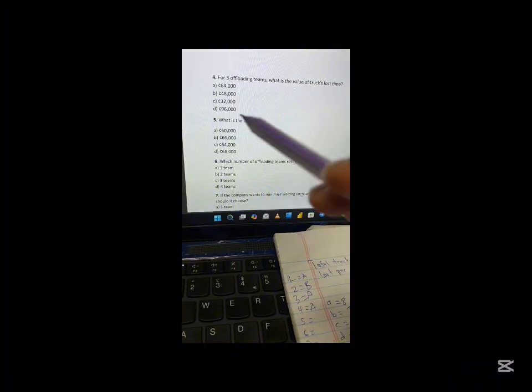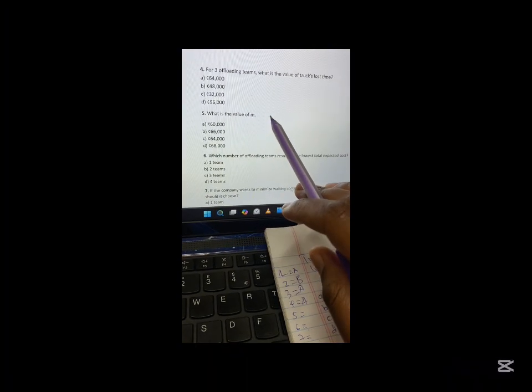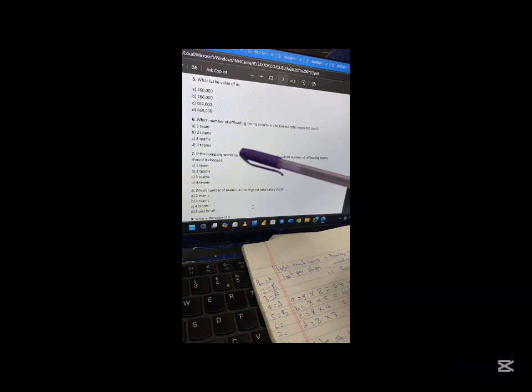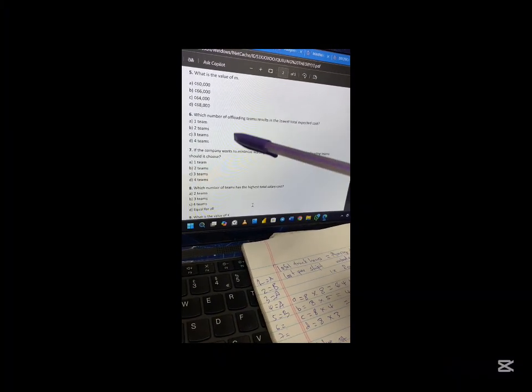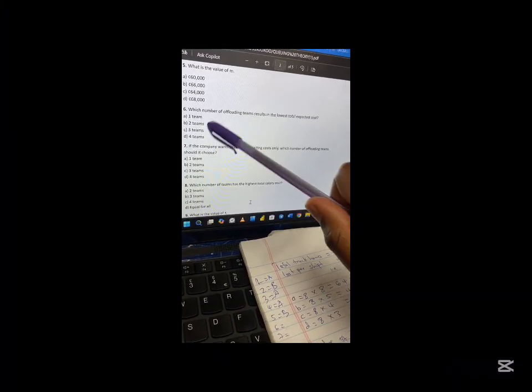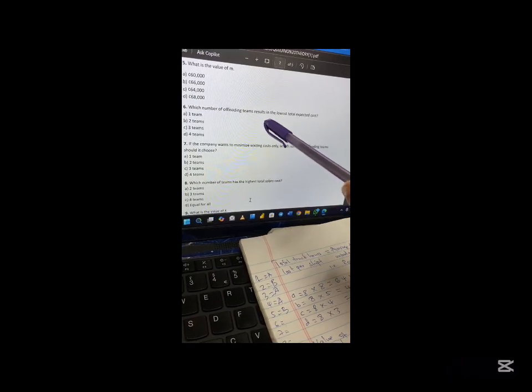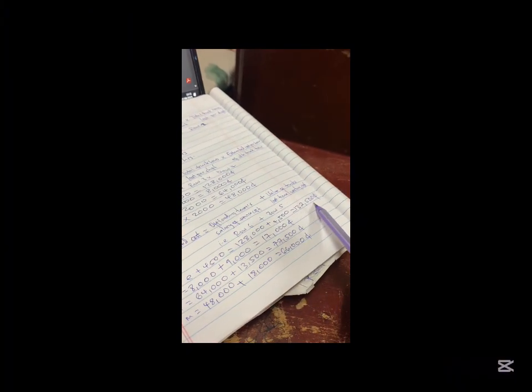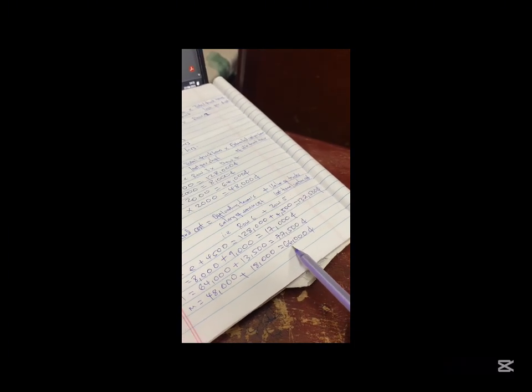Then question 5 is straightforward, saying what is the value of M? We already have it. The value of M was 66,000, which is option B. So question 6 is a bit indirect. It is saying which number of offloading teams results in the lowest total expected cost. So we already looked for total expected cost, and we have 132,500, 89,000, 77,500, 66,000.